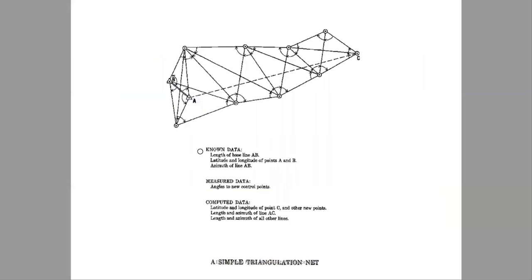Here we have the length of line AB, which is known. The altitude, latitude and longitude of points A and B are known. Now we also know the azimuth of line AB.